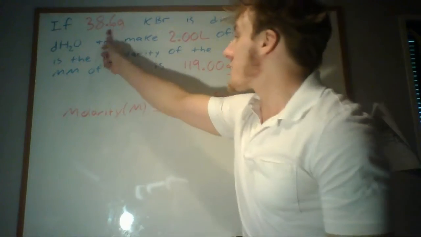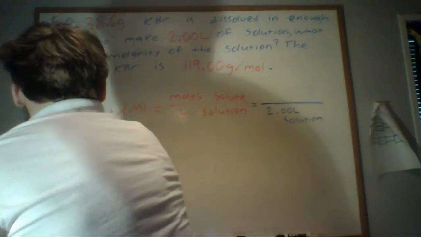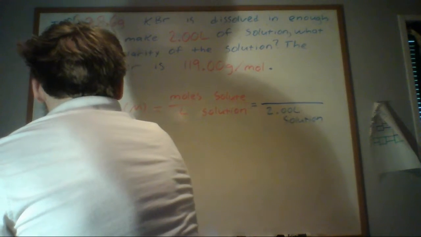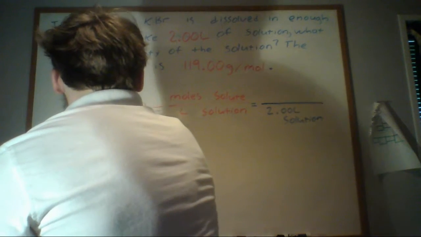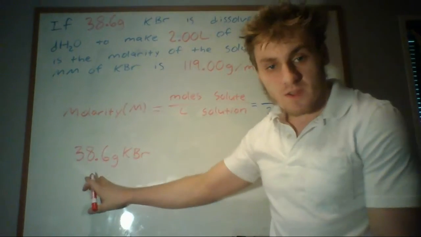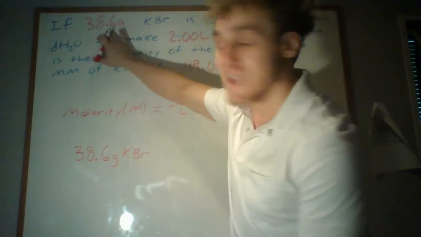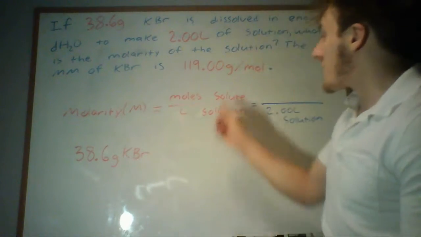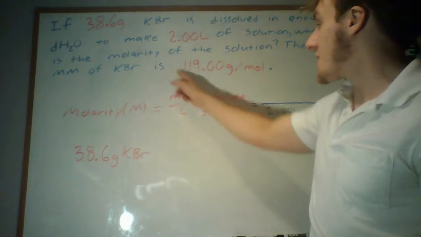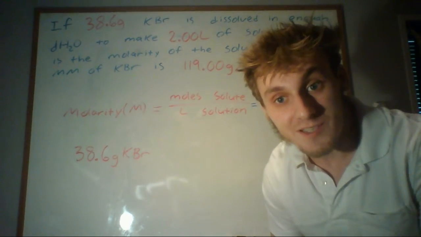So why don't we go ahead and figure out the moles of potassium bromide. So we'll start out with this number here. We'll take 38.6 grams of potassium bromide, right? 38.6 grams of potassium bromide. That number was given to us in the problem. Now we can use the molar mass of potassium bromide to convert to moles of potassium bromide.